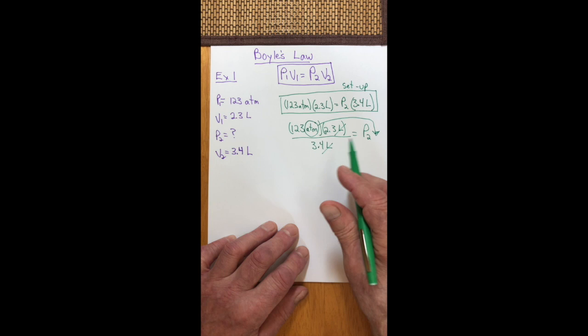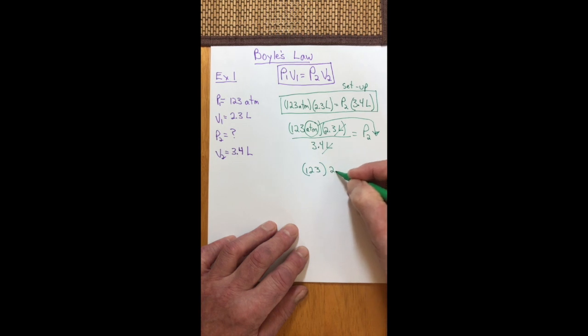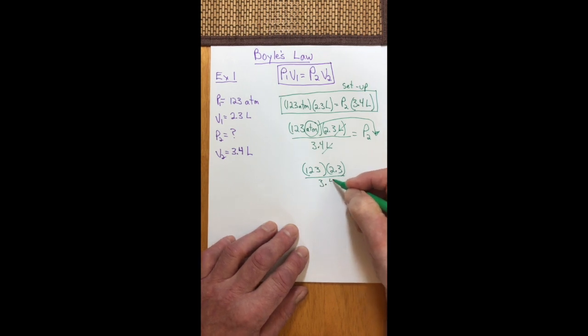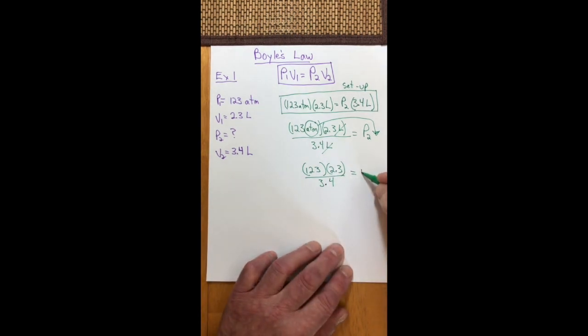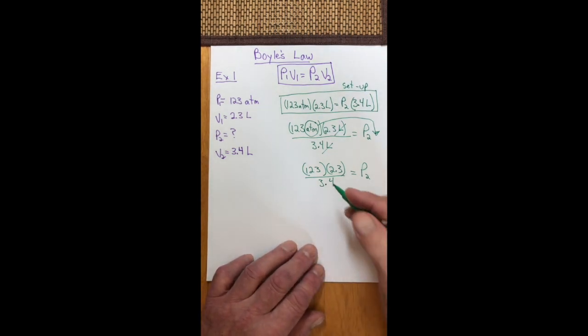So now I'm just going to write it again. What I actually have is 123 times 2.3 divided by 3.4 is equal to P2. And that's really all you have to write right there.